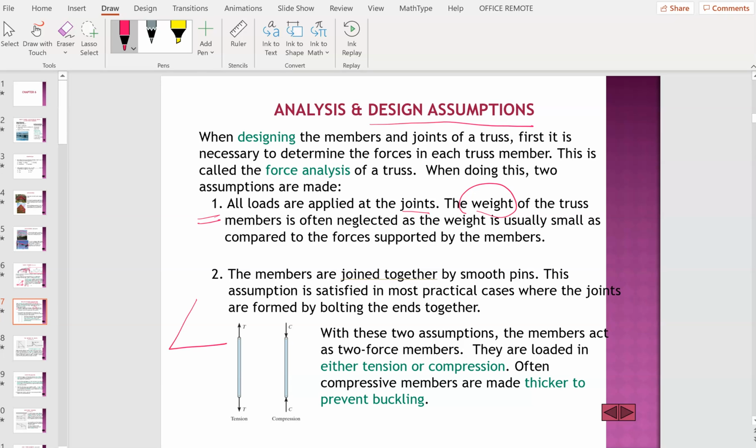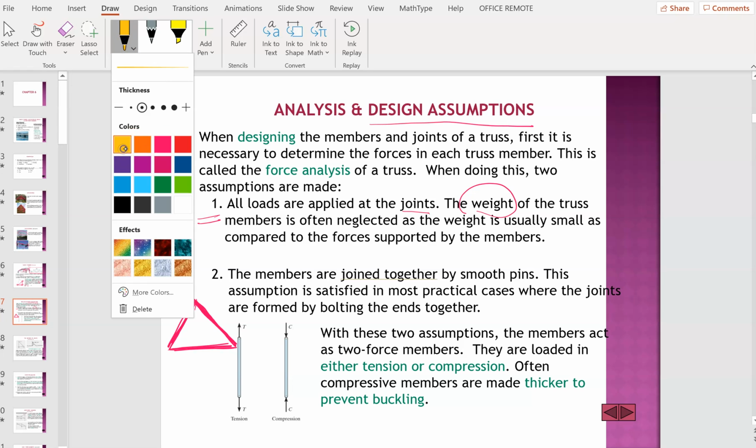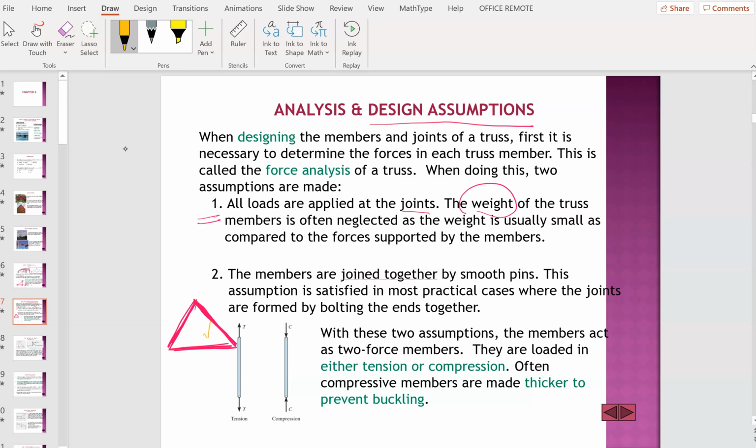Let's say you have a truss triangle like this. This member has a weight, definitely, and this member also has a weight, and this one too. But in your statics class, we are going to ignore the weight here, here, and here. We're only going to emphasize the joints. That's what the first assumption means.